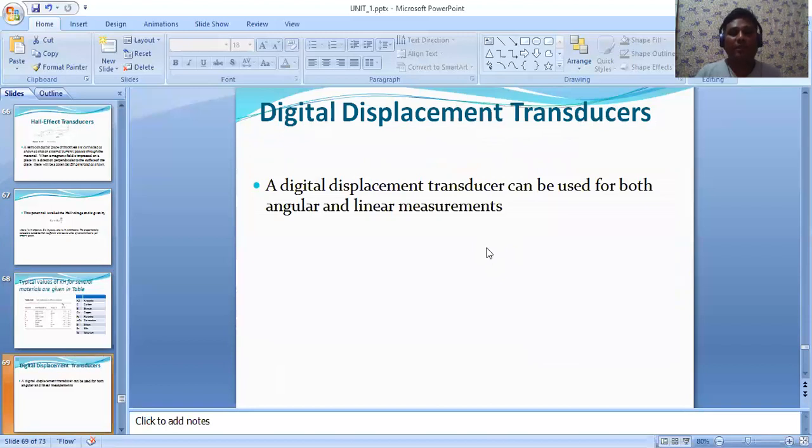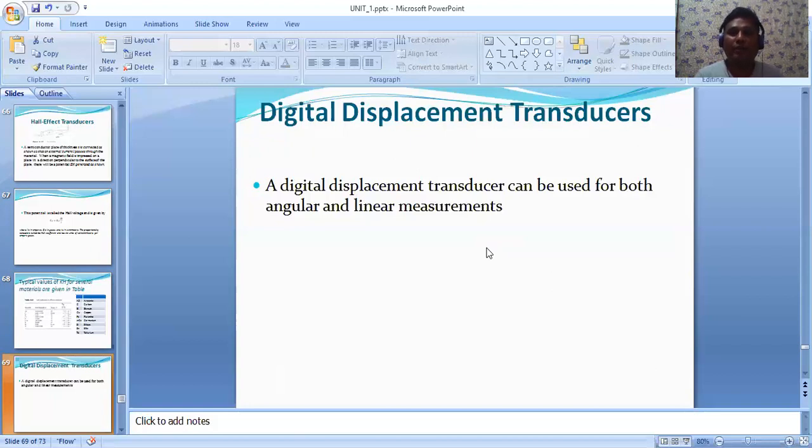The last part is the digital displacement transistors. What does a digital displacement transistor mean? We use some plate, and that plate thickness we have mentioned by X or Y. That part is displaced to the transistors.